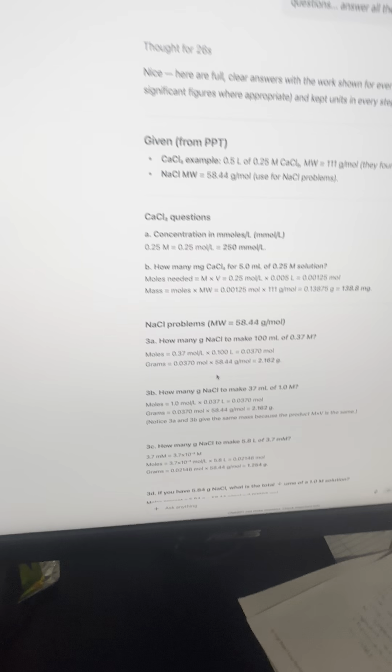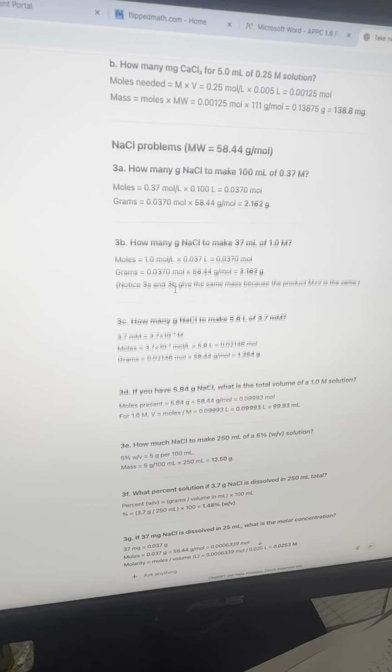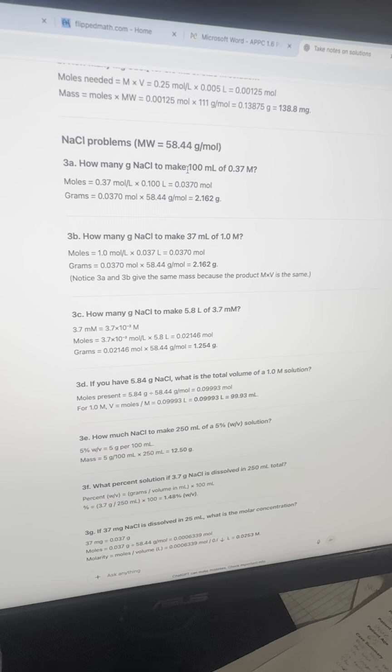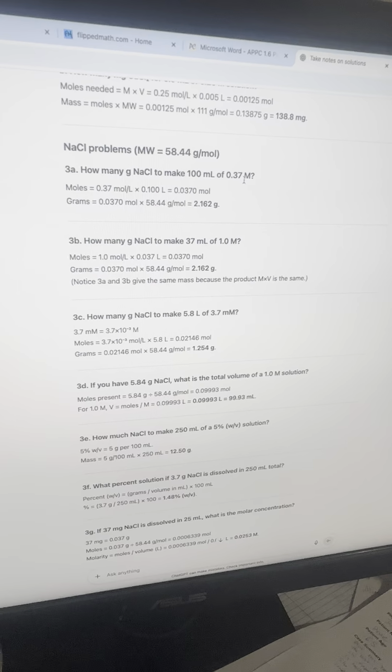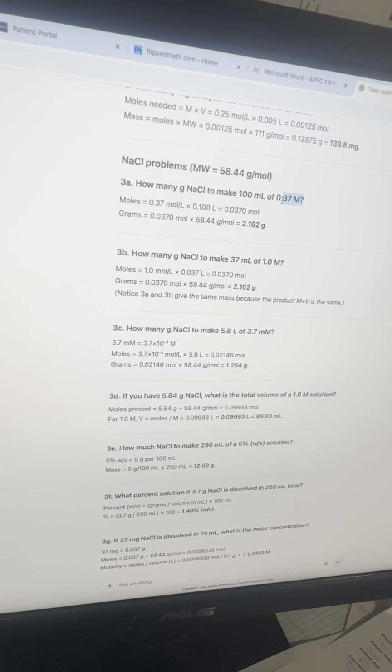Next is the checklist. So we can go back and see if we can practice. Okay, great. Practice. Okay, so don't ignore these two. How many grams of NaCl to make 100 milliliters of 0.3 molarity? So that's in molarity, right? So we know we're using moles.